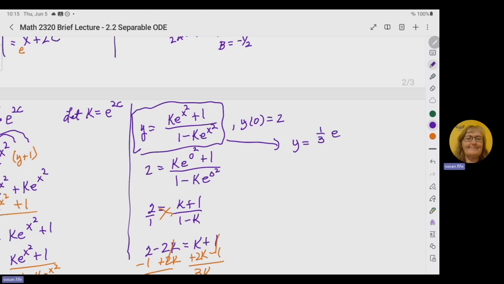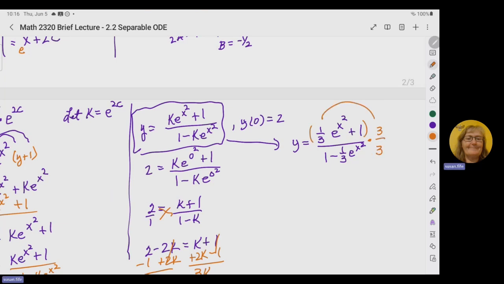I'll get 1/3 e to the x squared plus 1 over 1 minus 1/3 e to the x squared. And because I don't like fractions within fractions, I'm going to multiply by 3 over 3.